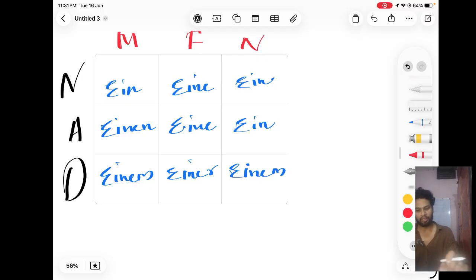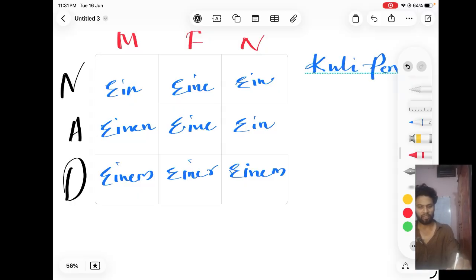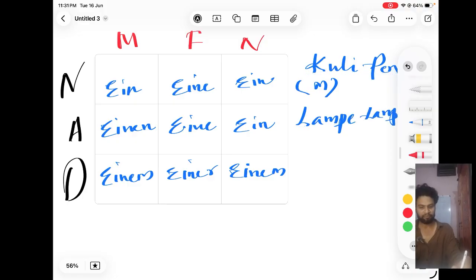So we need examples with three nouns: one masculine noun, one feminine, and one neuter noun. I will take a pen. What is pen in German? Kuli, K-U-L-I. Kuli is a pen. It is a masculine noun. And I will take lamp. Lamp is Lampe, L-A-M-P-E.